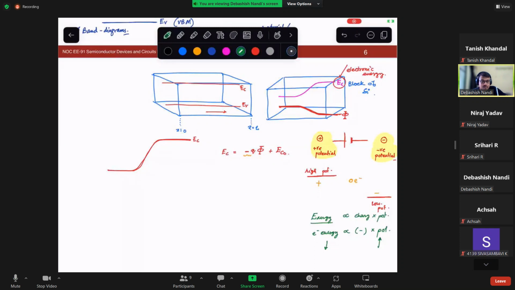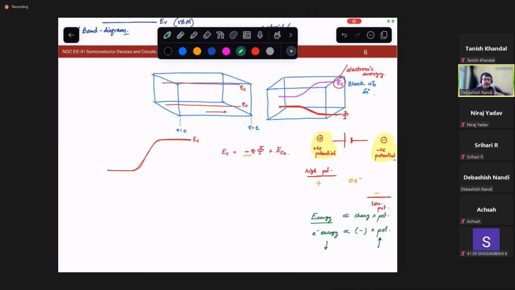Do you agree that at higher potential my electrons will have lower energy? Just tell me this much. Anyone who does not get this concept, this will be applicable in each and every discussion in the course and in each session also.